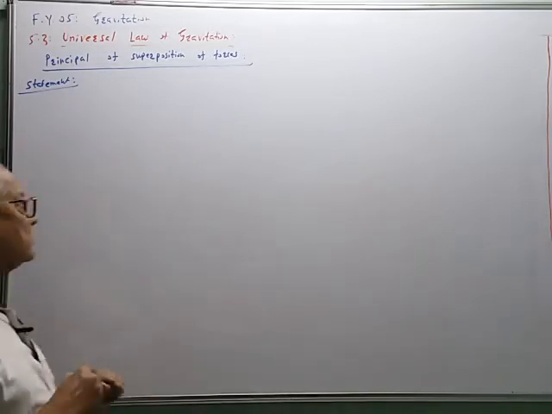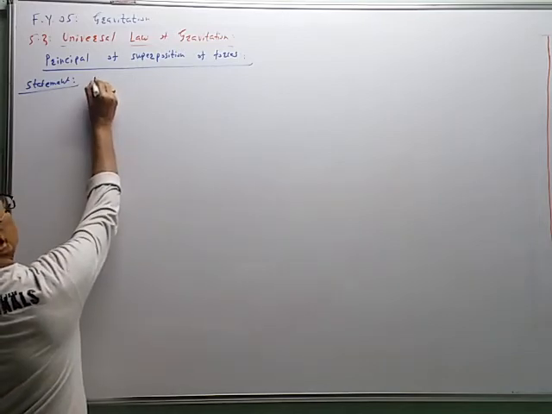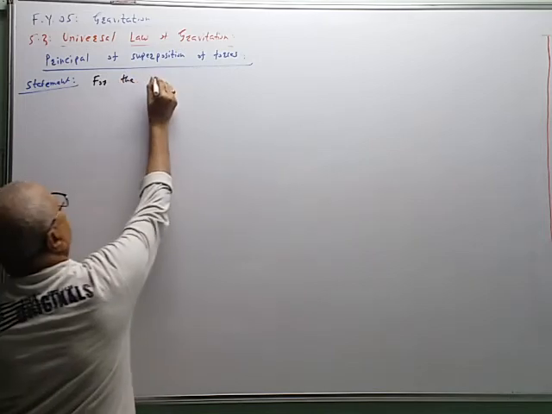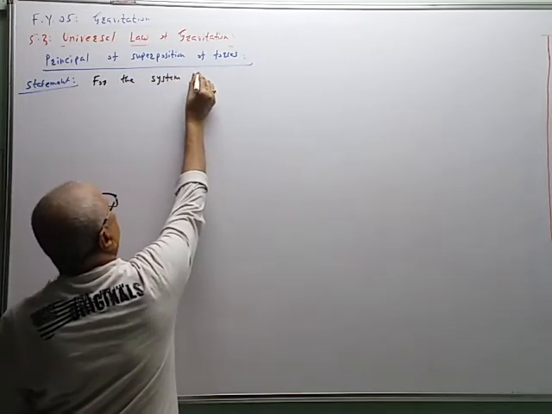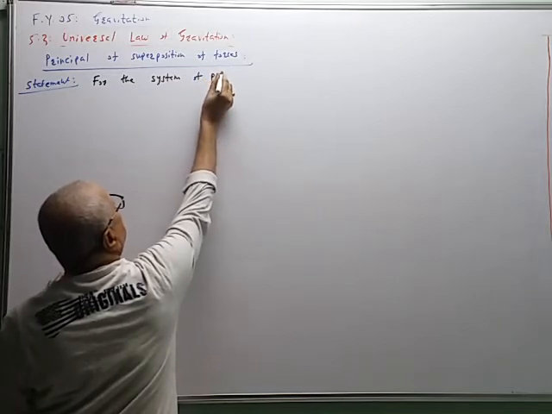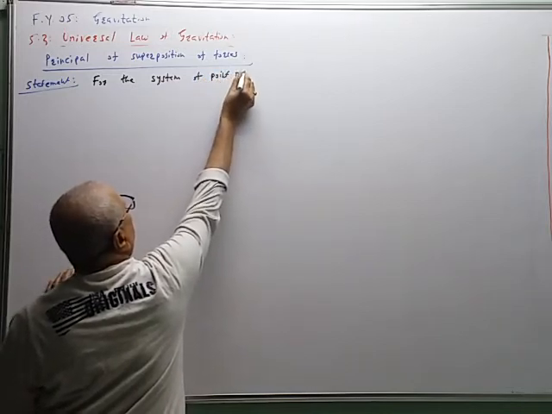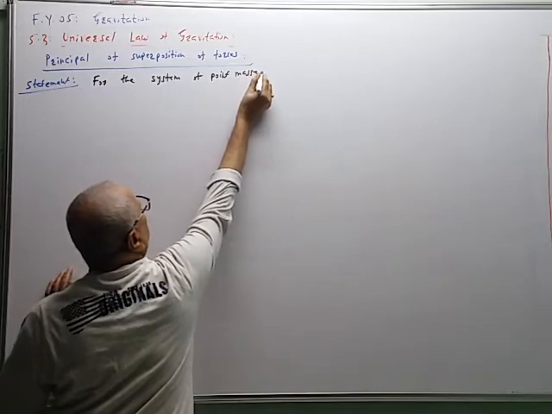So the statement is like this. For the system of point masses, the masses may be 2, 3, 4, n, like this.